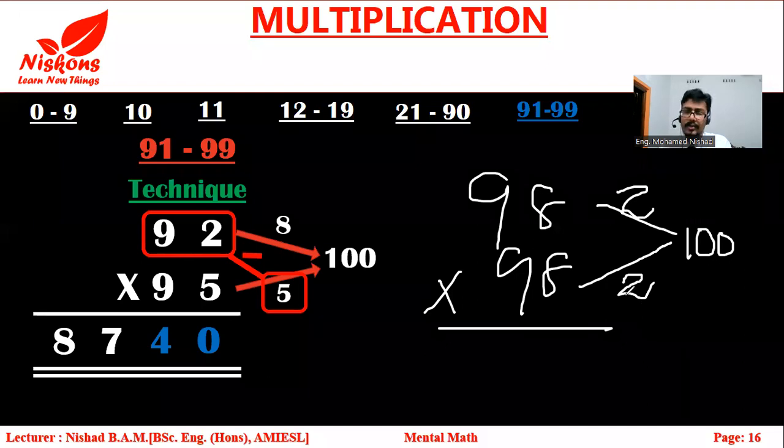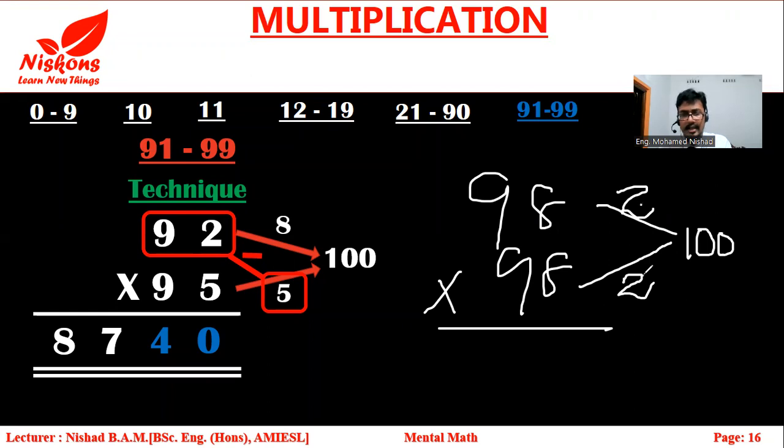Now we have to multiply these together, so the answer will be 4. That answer should be written as a 2-digit number, so it will become 04. That is very important. If you write it as 4, that will be the end, right? So you have to write it as 04.